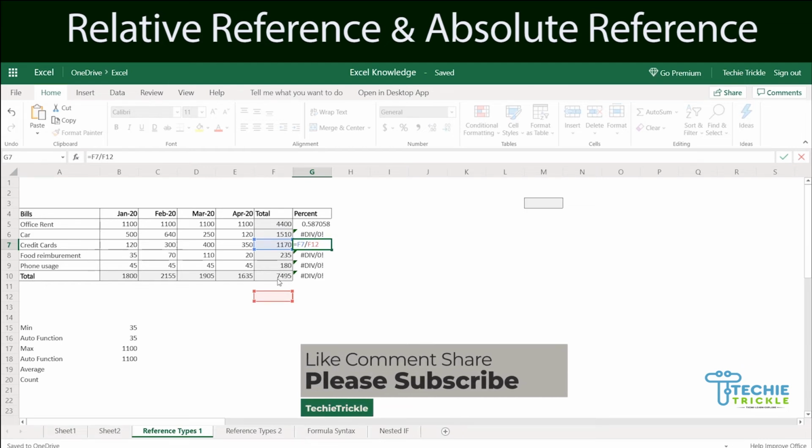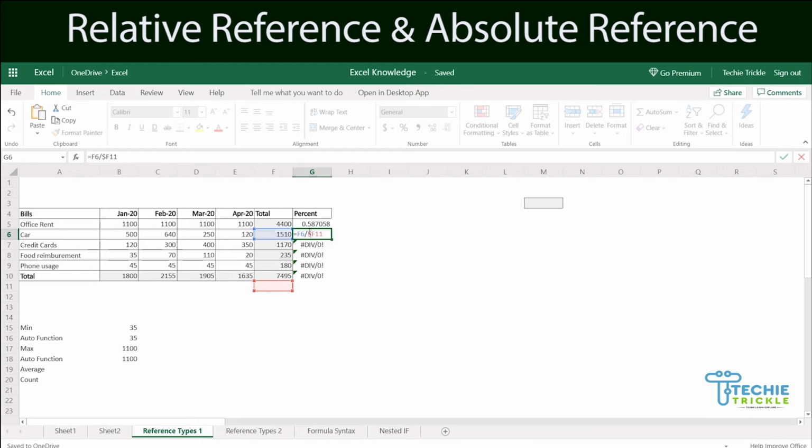So you have to point to this particular value. How would you do that? Here you just have to put a $ sign before F, right? And then you have to put a $ sign before 10. So it means that you are fixing the column F and row 10.